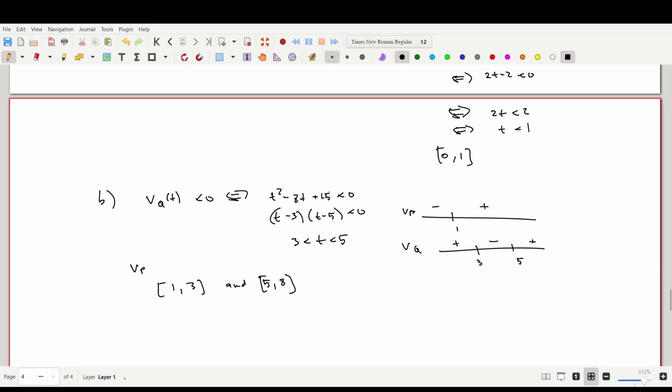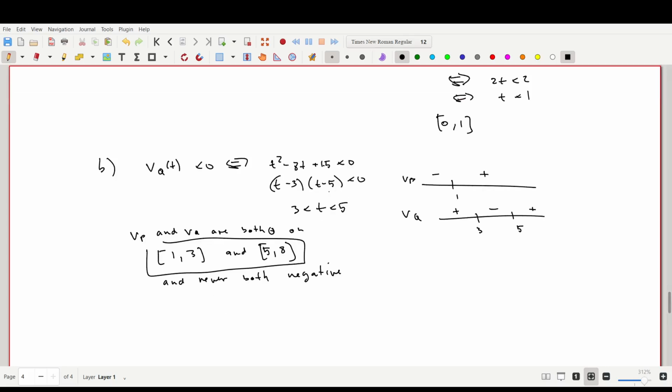So vP and vQ are both positive on these, and never both negative. All right, that's my answer.